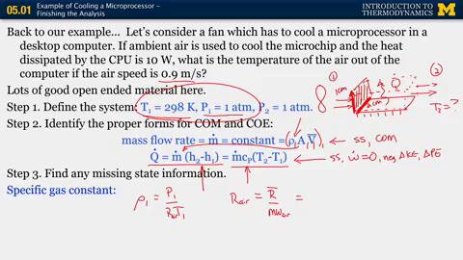Since our problem is set up in SI units, those are the units that we're going to use. So the universal gas constant is given by 82.0568 cubic centimeters atmospheres per mole Kelvin. The molecular weight of air is represented by 28.97 grams per mole.